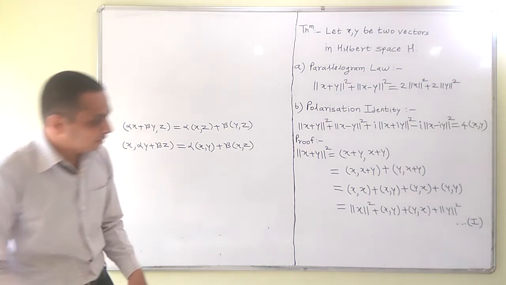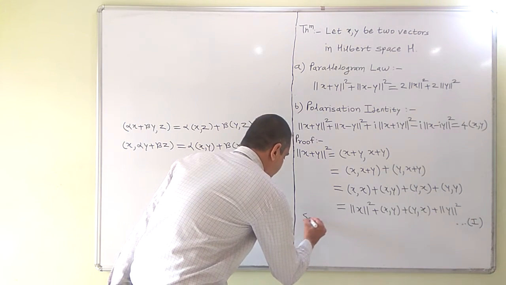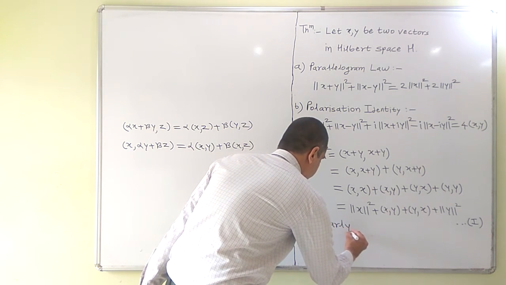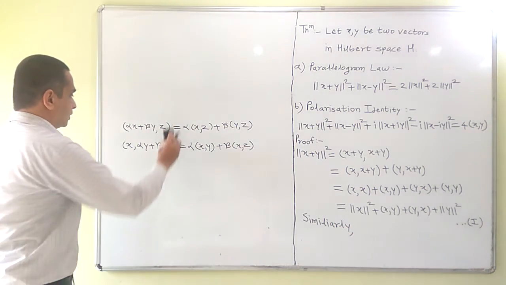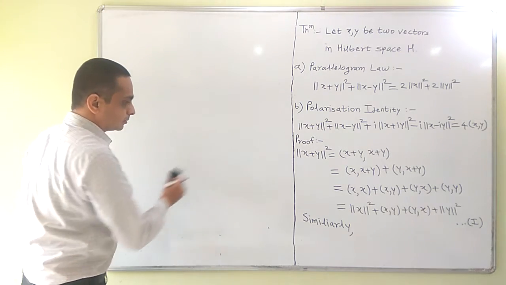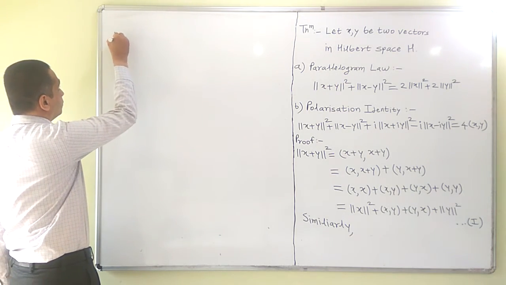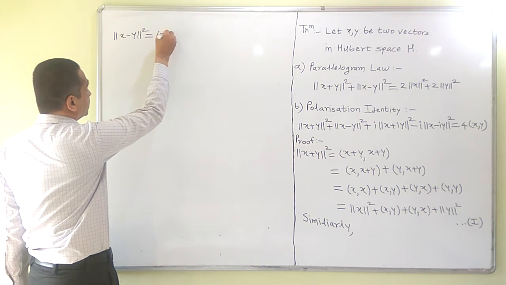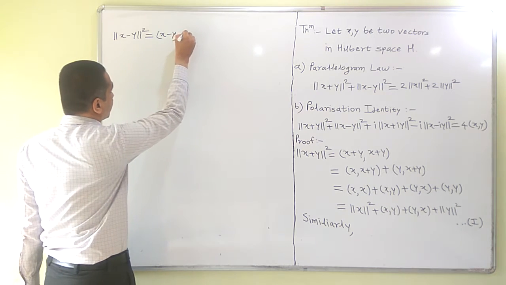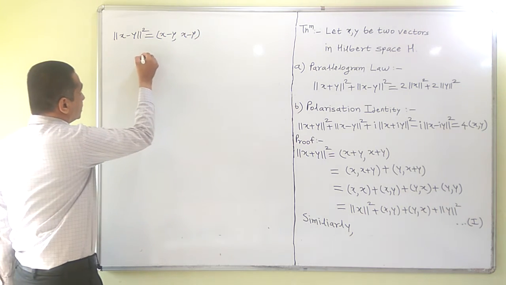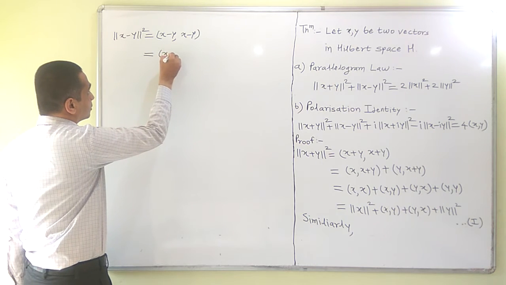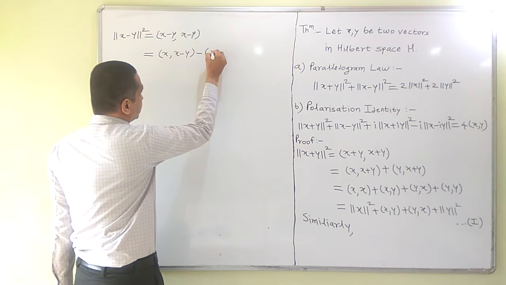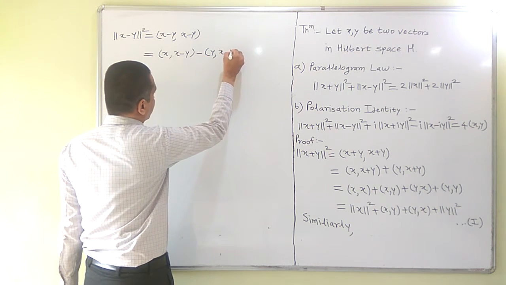Similarly, let us calculate norm of x minus y square. Norm of x minus y square equals inner product of x minus y and x minus y. This equals inner product of x and x minus y minus inner product of y and x minus y.